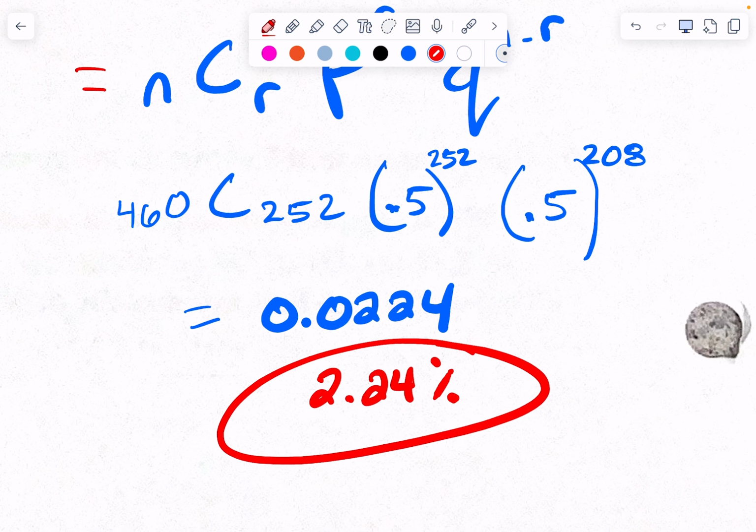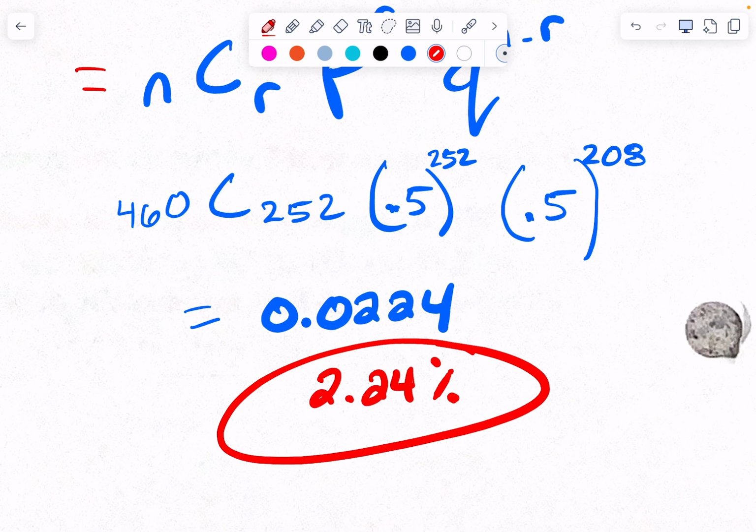This is the probability that 252 will win out of 460. That's the chance of that happening randomly by chance. So the fact that it does happen, that split, means something else is significant. That means the coin toss is probably affecting the chances of win-loss.